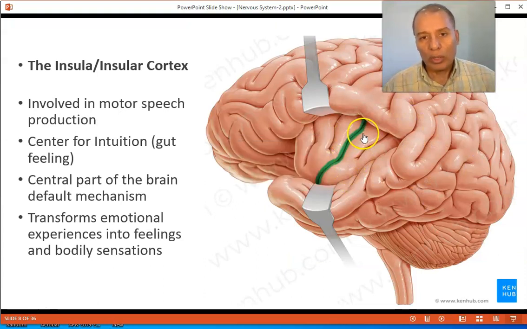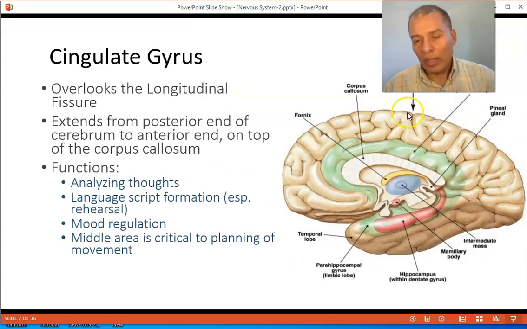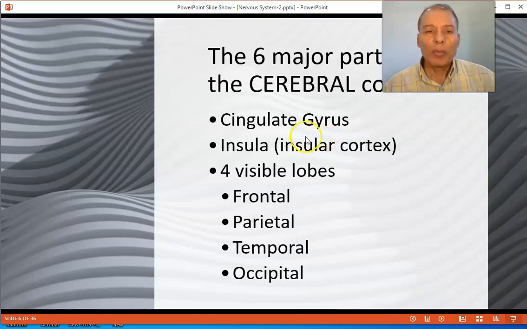For example, this is part of the motor cortex, this is part of the somatosensory cortex, this is part of the premotor cortex, and it extends all the way to the cingulate gyrus, all of them.